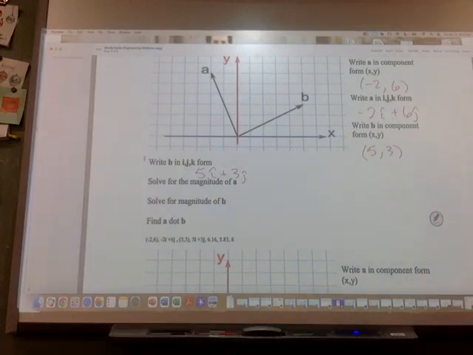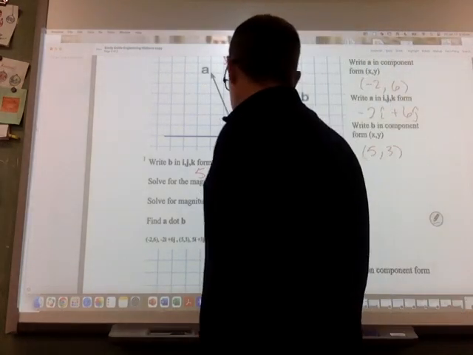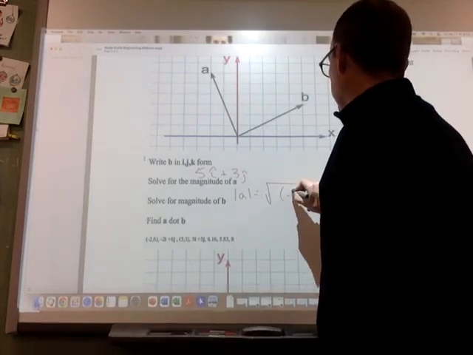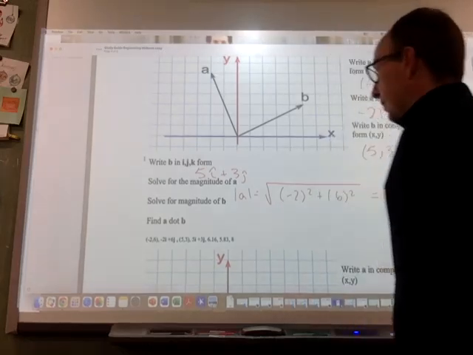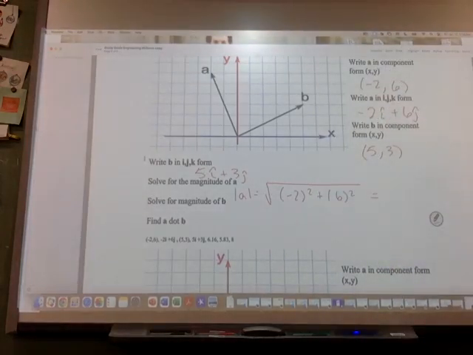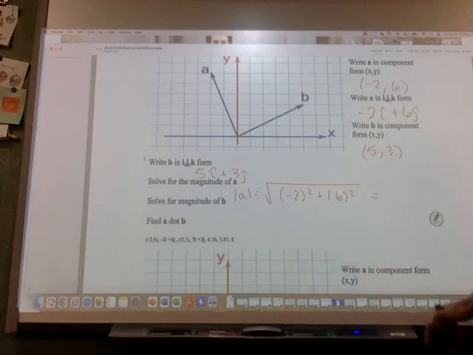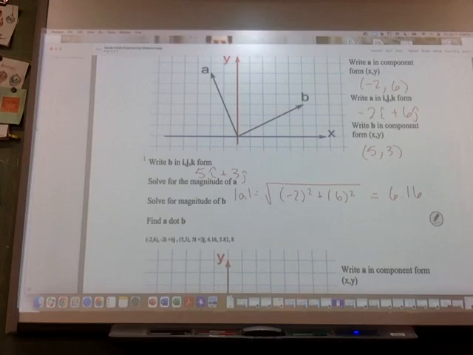All right, the magnitude of A is going to be the square root of the square of the terms. So I have -2 squared, which is 4, plus 36, which is 40, the square root of which is 6.16.